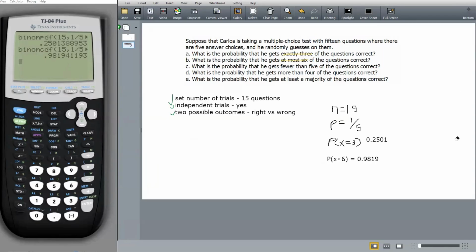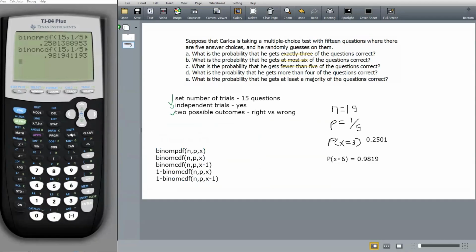For the next question, it says that he gets fewer than 5, which means that I will use my less than option for my preview. This one says that I need to do x minus 1.